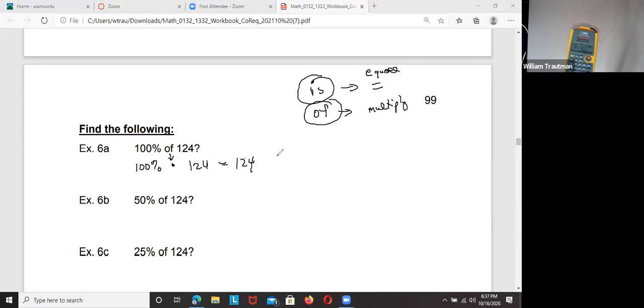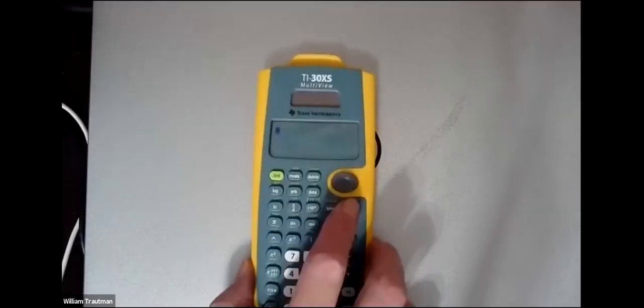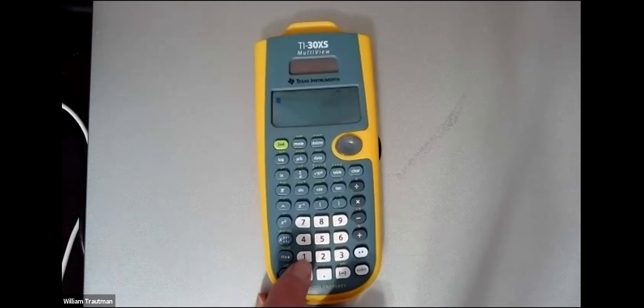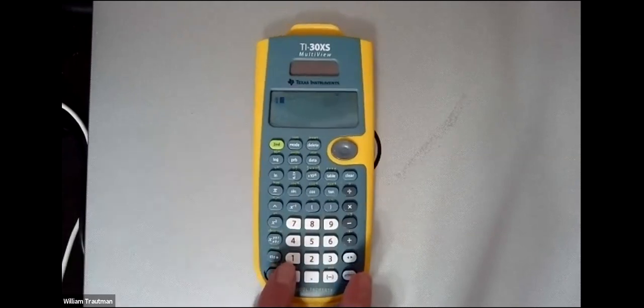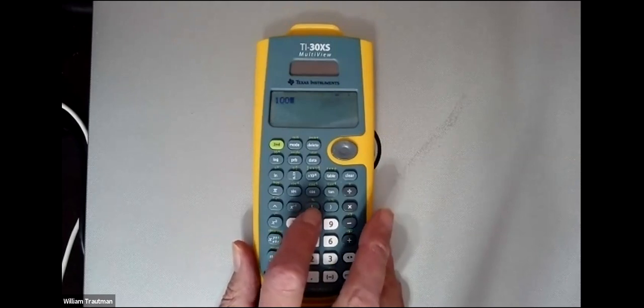Let's put this into our calculator. I know the answer is 124, but let's put it into our calculator. 100% of 124. 100, and we have a percent symbol on our calculator right here.